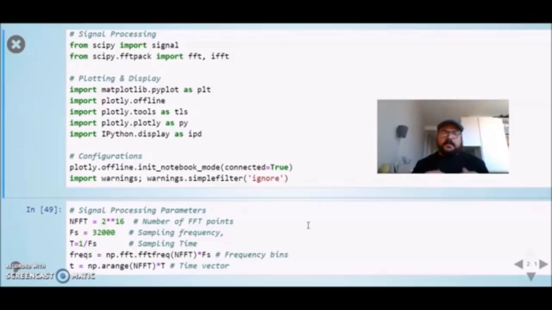So the time interval we're going to use to generate our signals will be approximately 2 seconds. So we are using 32 kilohertz sampling frequency and 2 to the power of 16 points. That gives us approximately 2 seconds.